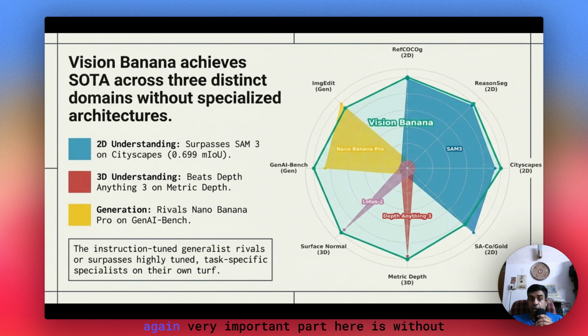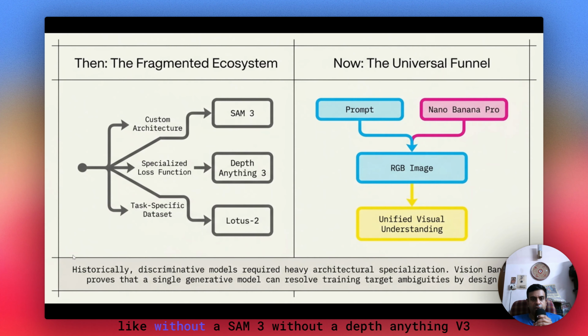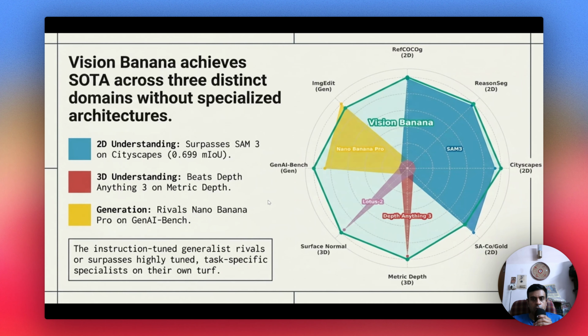Vision Banana achieves state-of-the-art across three distinct domains without specialized architectures. Again, a very important part here is without specialized architectures, which means without a SAM3, without a Depth Anything V3, or without a Lotus V2, it's achieving state-of-the-art. It's much better than any of these, right? So 2D understanding surpasses SAM3 on Cityscapes. Cityscapes is one of the datasets used for urban-scale semantic segmentation. You can see that SAM3 is somewhere here, and this is much better than that.